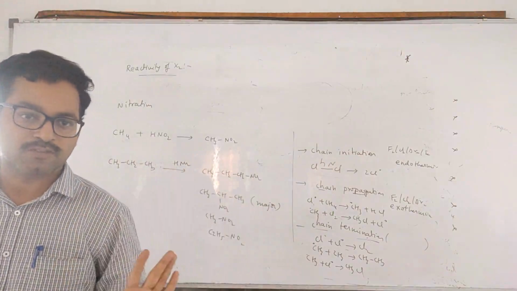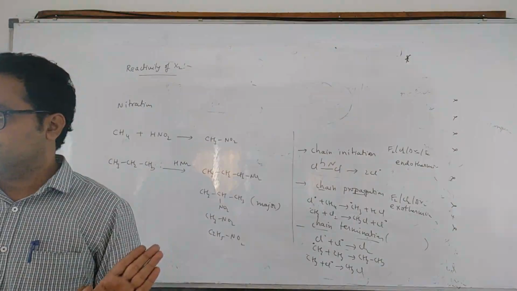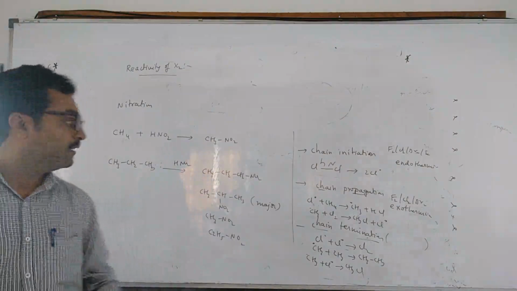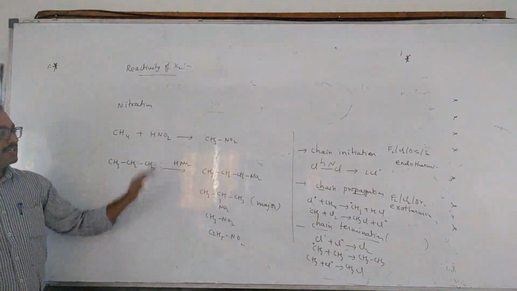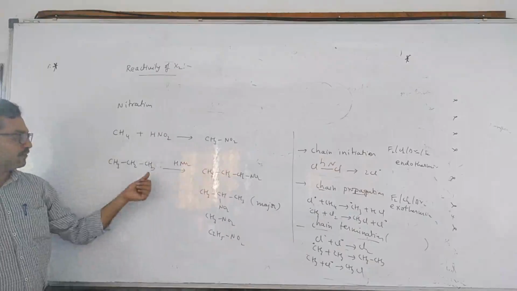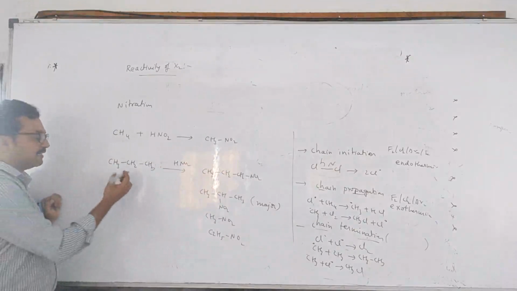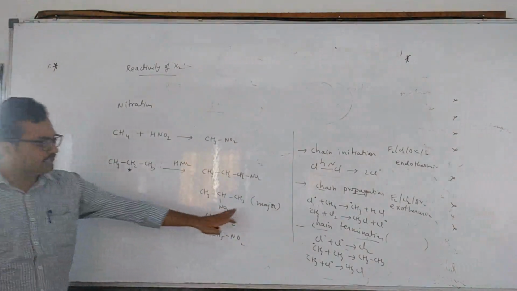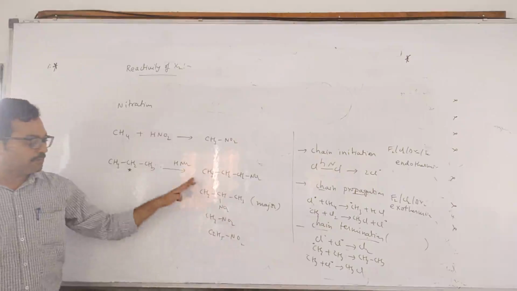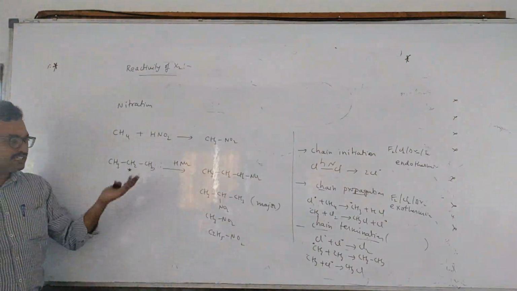These are the 4 points. That's it. Any doubt? Now coming to nitration. You will get nitromethane, but if you take propane, this is the more stable radical. That is the reason this will be major, remaining all byproducts will come.